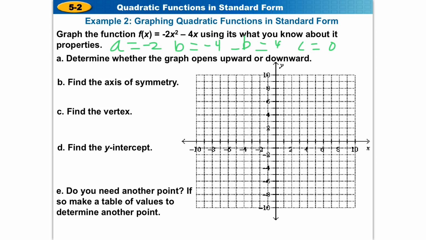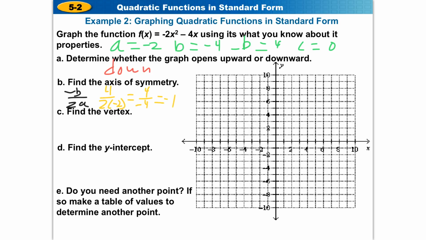A is negative, so this one opens down. The axis of symmetry is the opposite of B over 2A. So the opposite of B was 4 over 2 times A, which was negative 2. That's 4 over negative 4, which is negative 1.